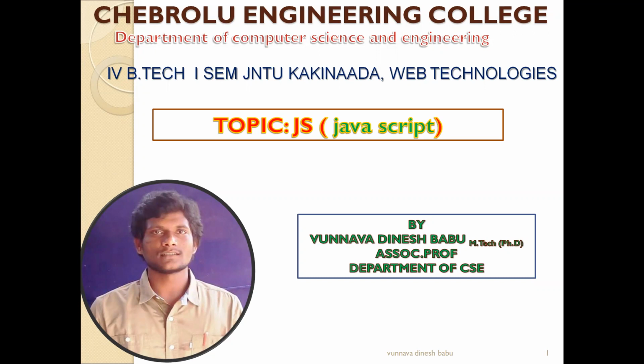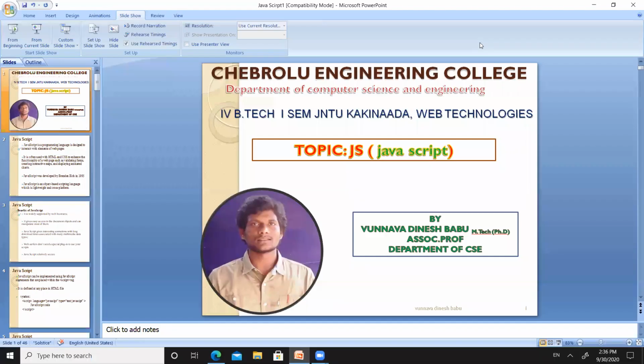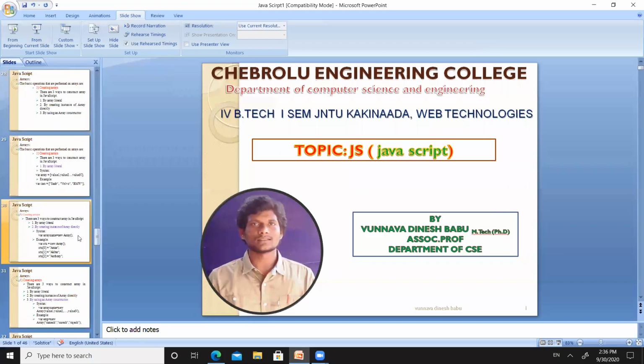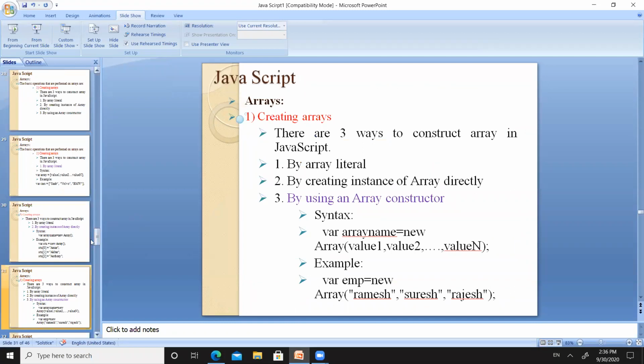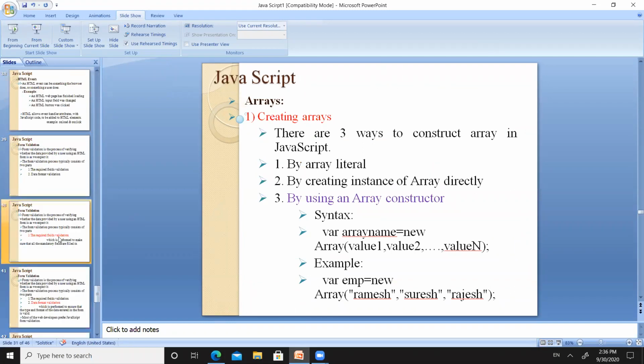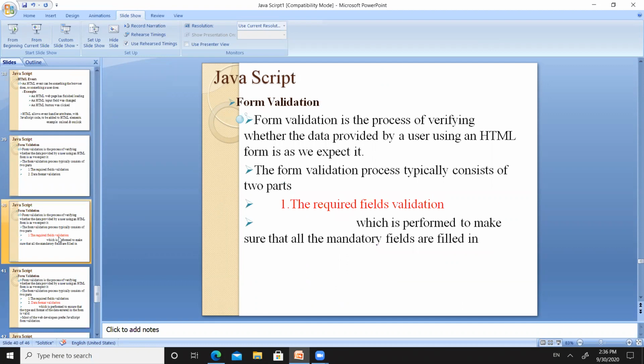If there is time, we will concentrate on validating forms. I will explain what validation is and how it is performed using an example program in JavaScript, along with matching regular expressions. So let us start today's session with functions in JavaScript.